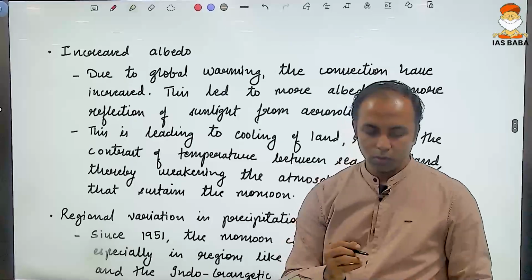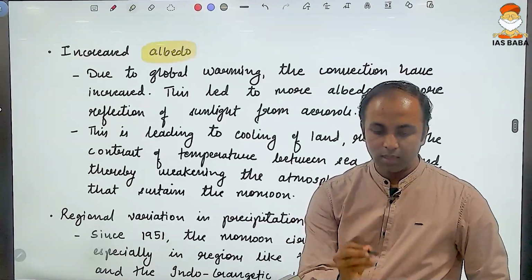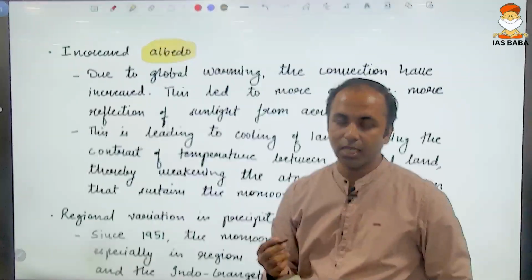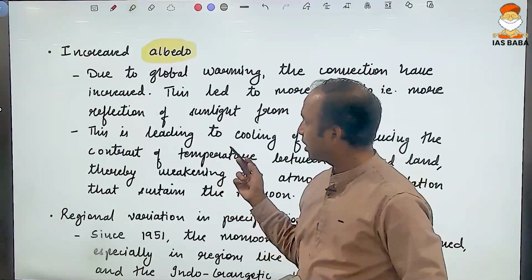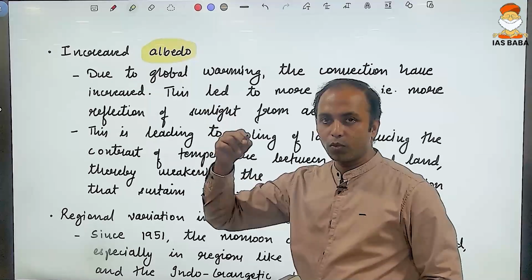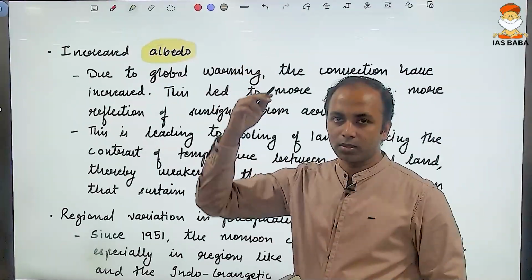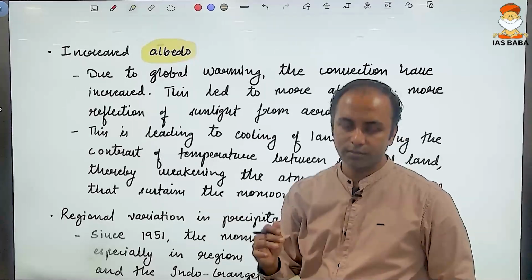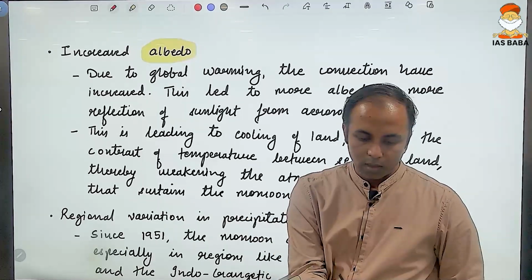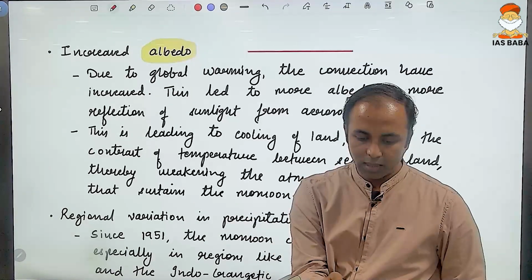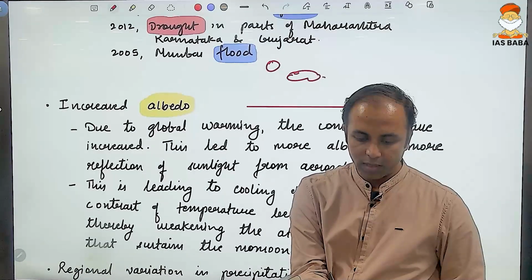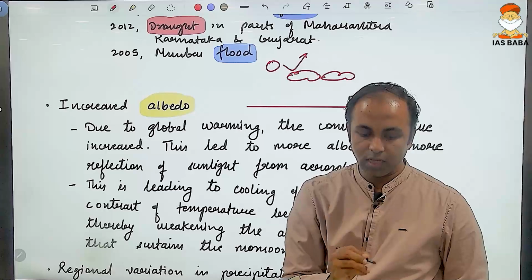It is also experienced that the albedo effect is increasing. Albedo is basically the reflected sunlight, and this effect is increasing. So if more sunlight is being reflected, it is going to have a negative impact upon surface heating. Consider the sunlight being reflected from, let us say, the surface of the cloud itself.